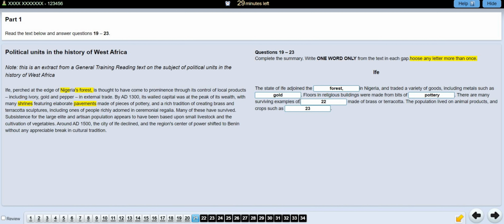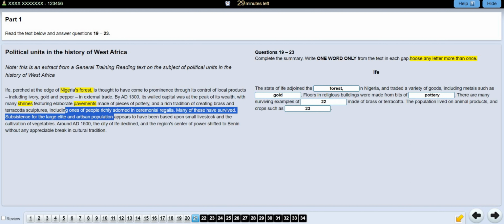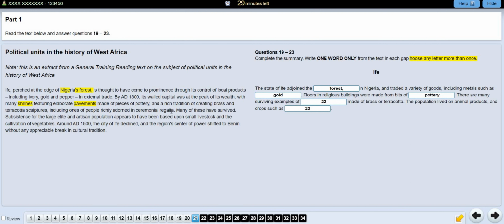There are many surviving examples of the English tradition of creating brass and terracotta sculptures, including one of the people during the ceremony in regalia. There are many surviving examples, made from brass and terracotta.